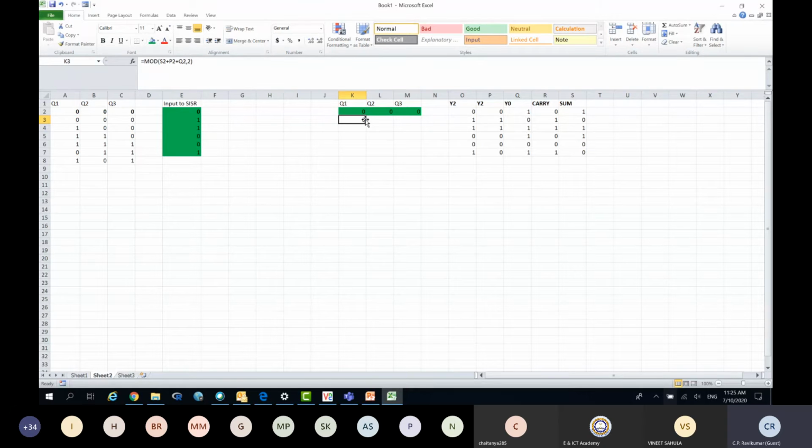So what I'm doing is I'm taking these values. Let us say I'm taking the sum, and I must take these two values, right?